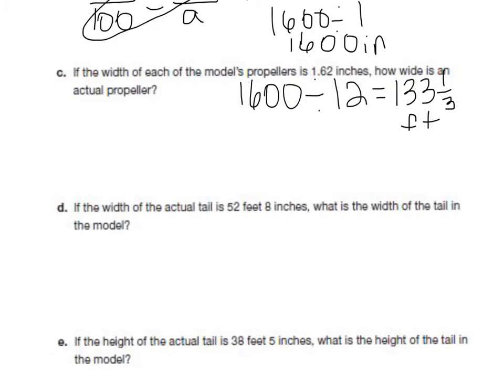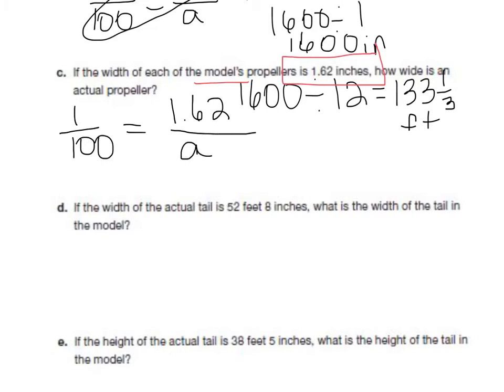Okay, if the width of each of the model's propellers is 1.62 inches, it's the model. How wide is the actual propeller? Well, we know we have 1 over 100, because that's our scale, and that equals, it says model, so we know that goes on top, 1.62 inches over how wide is it actually.